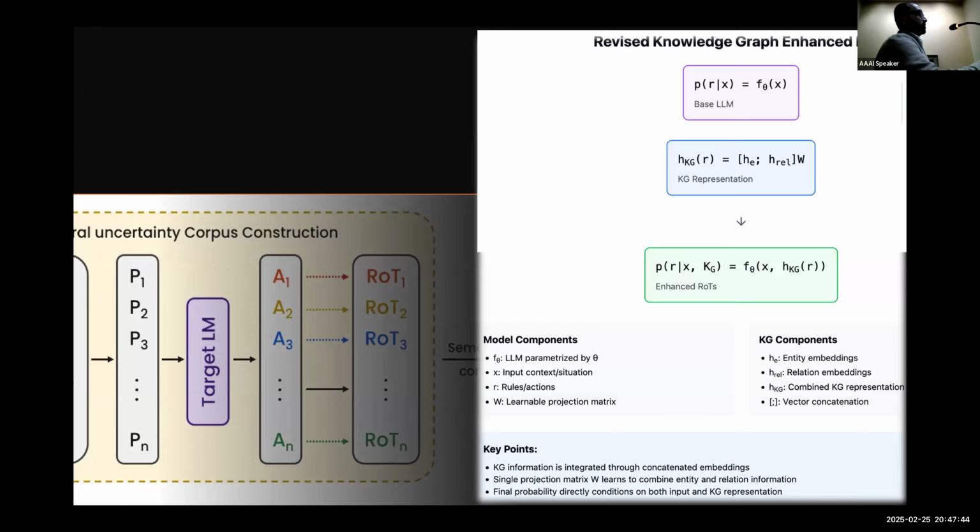This representation of knowledge graph embeddings is nothing but a set of triples: subject, predicate, and object. That is what I'm considering as a rule. Now I'm conditioning my generation over my input X by using the knowledge graph representation, which is HK of R, which is nothing but the dense representation of the triples, concatenated with X to be passed into the base LLM.